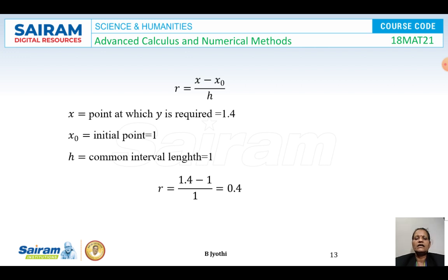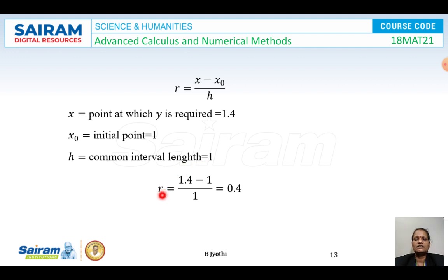Here r is nothing but x minus x0 divided by h, where x is the point at which y is required, that is 1.4, and the initial point x0 is 1. h is the common interval length, that is equal to 1.